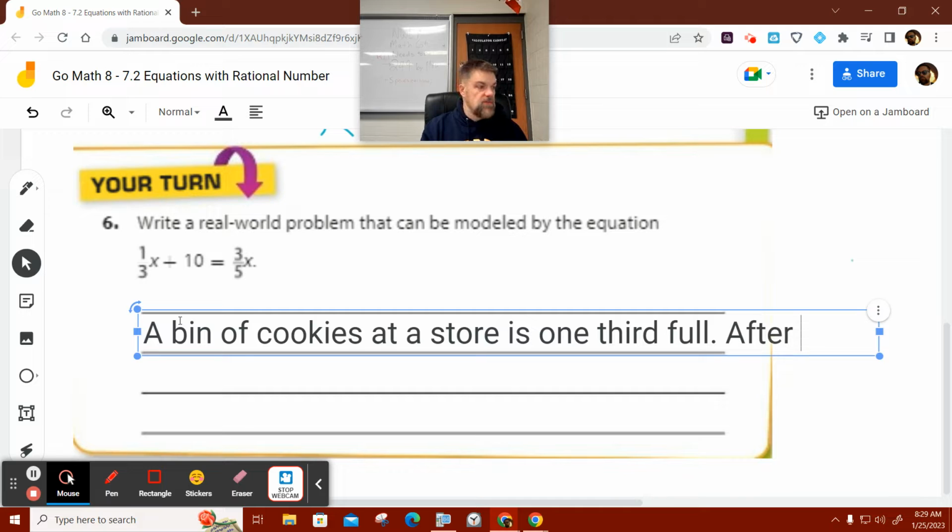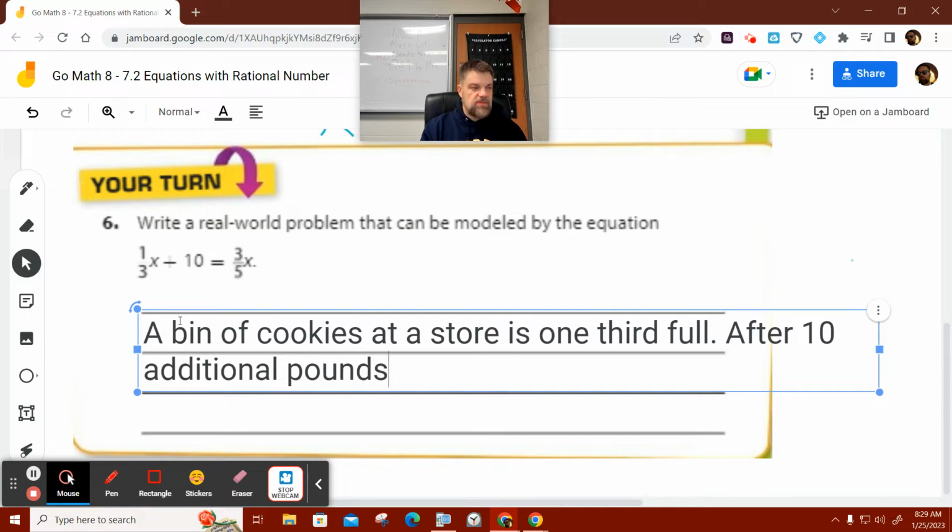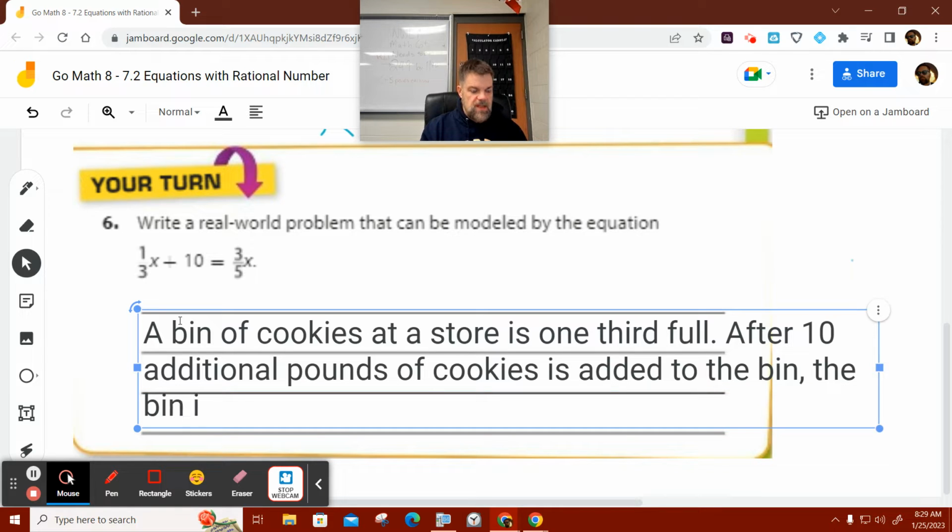After 10 additional pounds of cookies are added to the bin, the bin is 3/5 full.